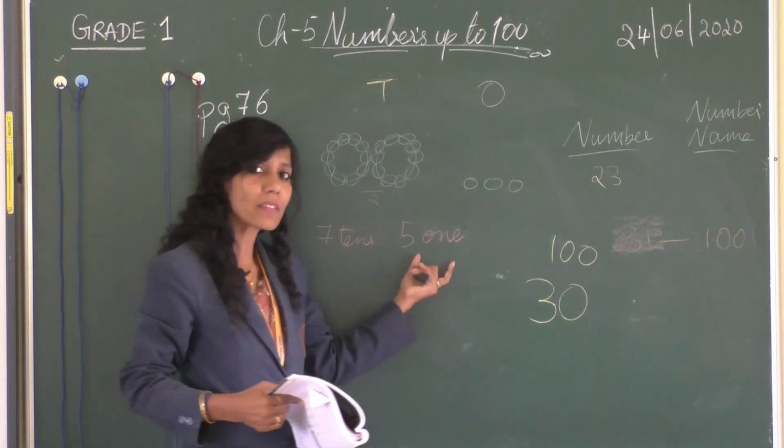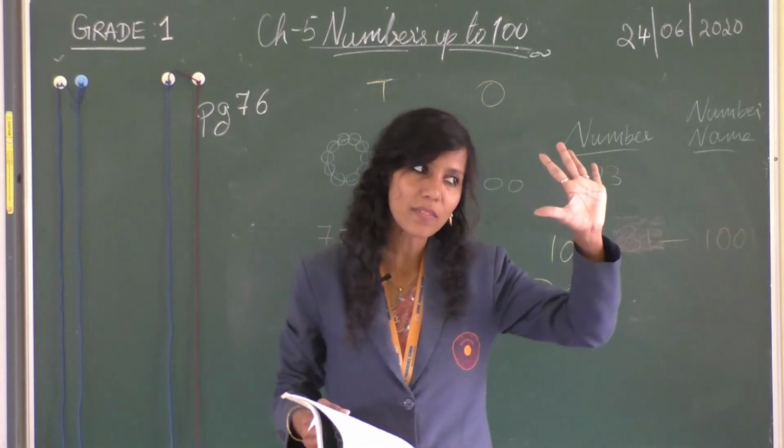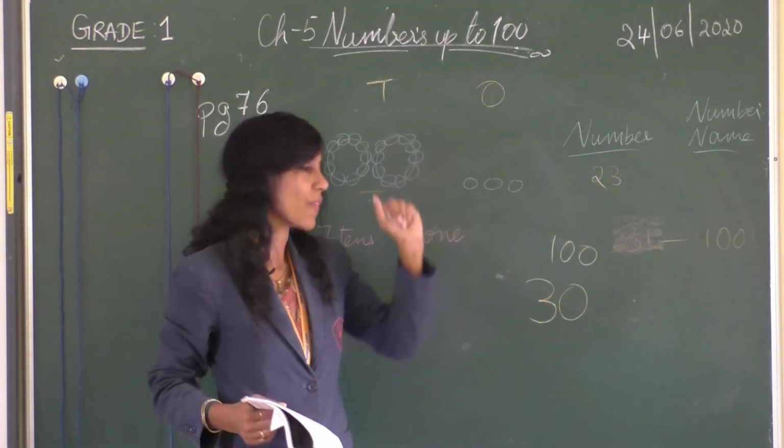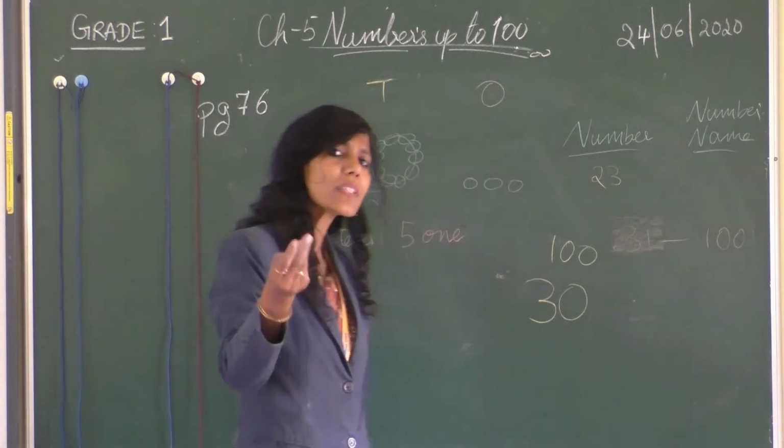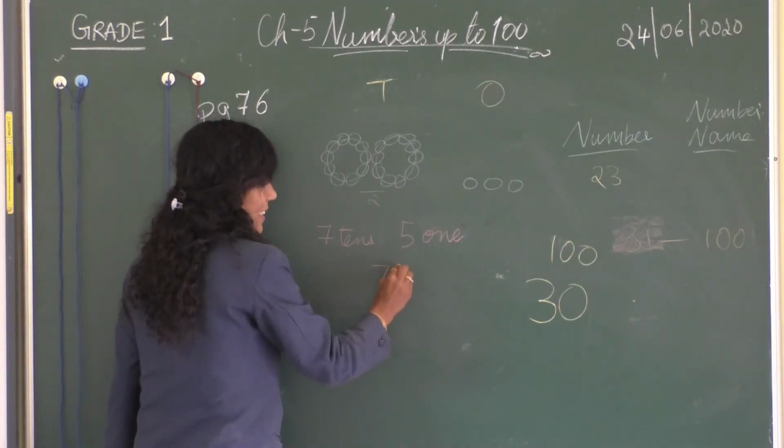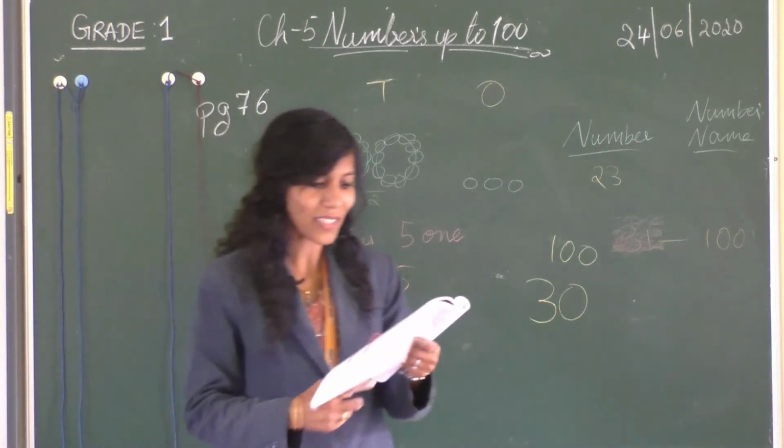And what is 5 ones? 5 single ones. See? 1, 2, 3, 4, 5. 5 ones. So here, write the number formed. What is the number formed? Yes, 75. Great. Smart kids.